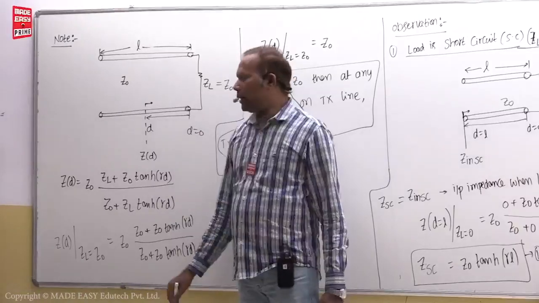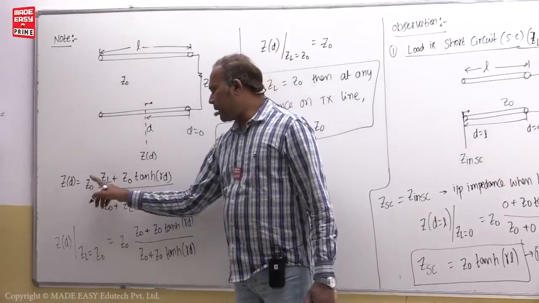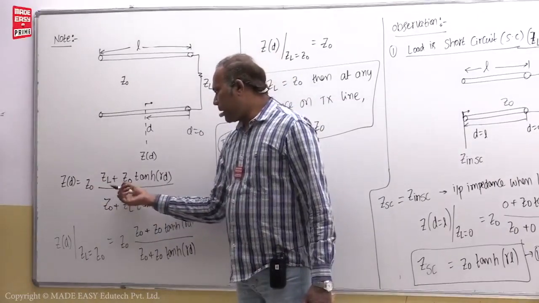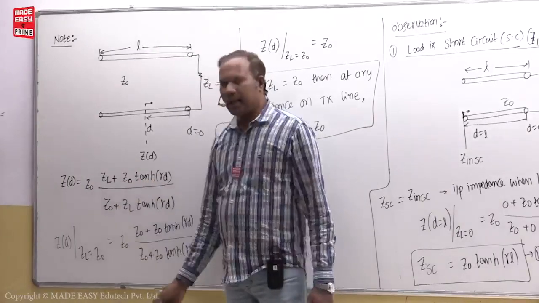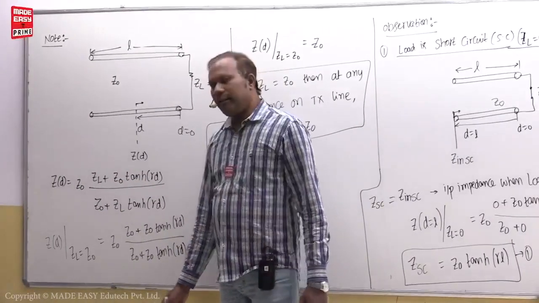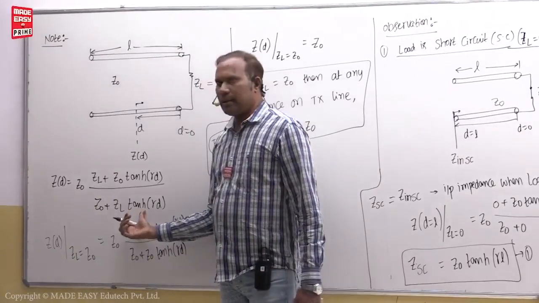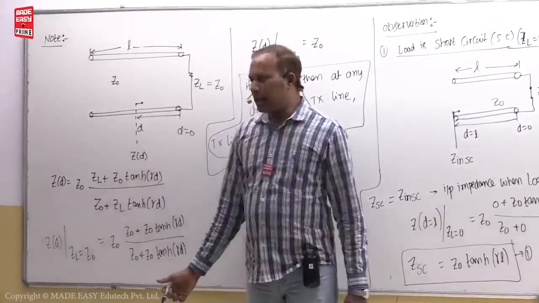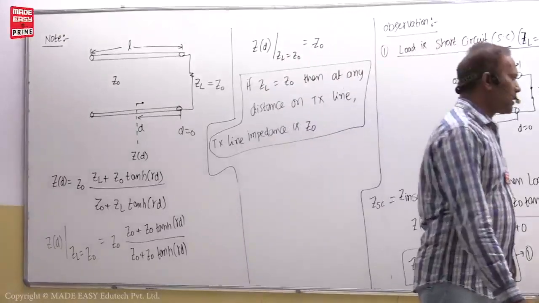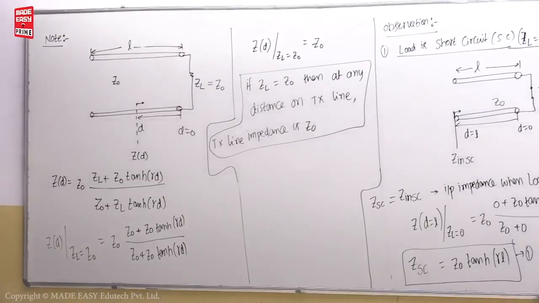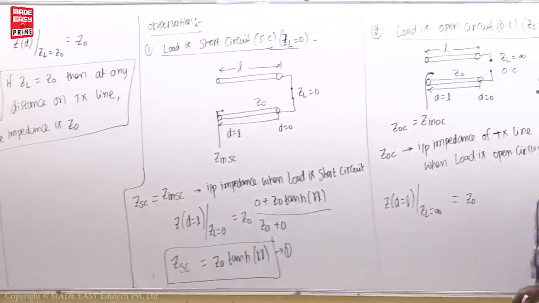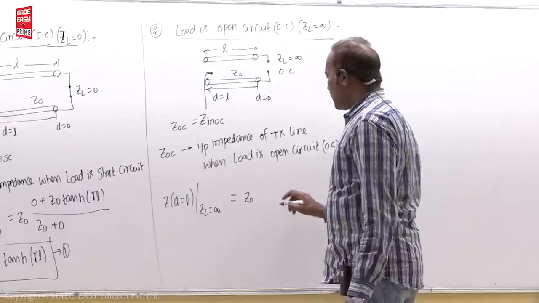So L'Hospital rule. Then you pull ZL here, ZL common. Then automatically here by ZL comes, here divide by ZL comes. Then again ZL is equal to infinity, you substitute. Automatically denominator tan H gamma D remains. It goes to numerator, it becomes cot H gamma D. So Z0, then ZL is common.